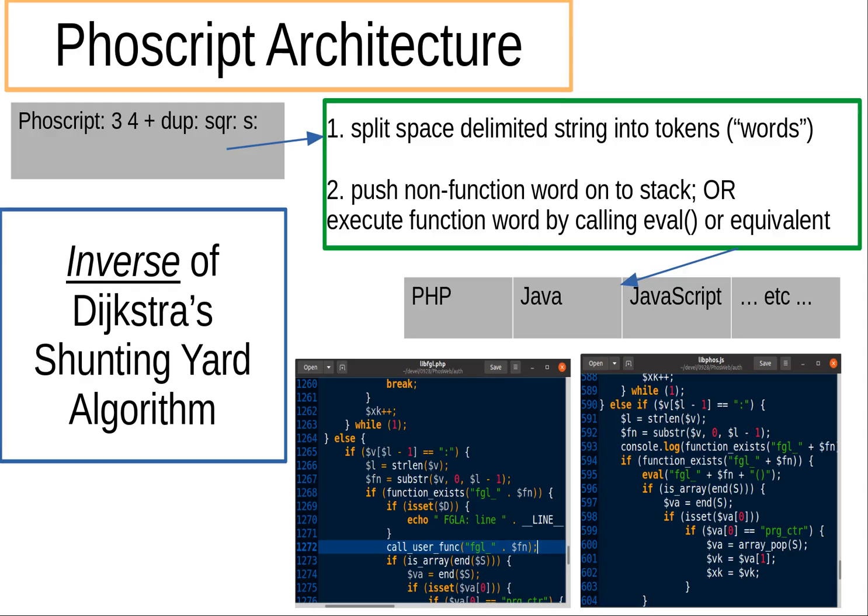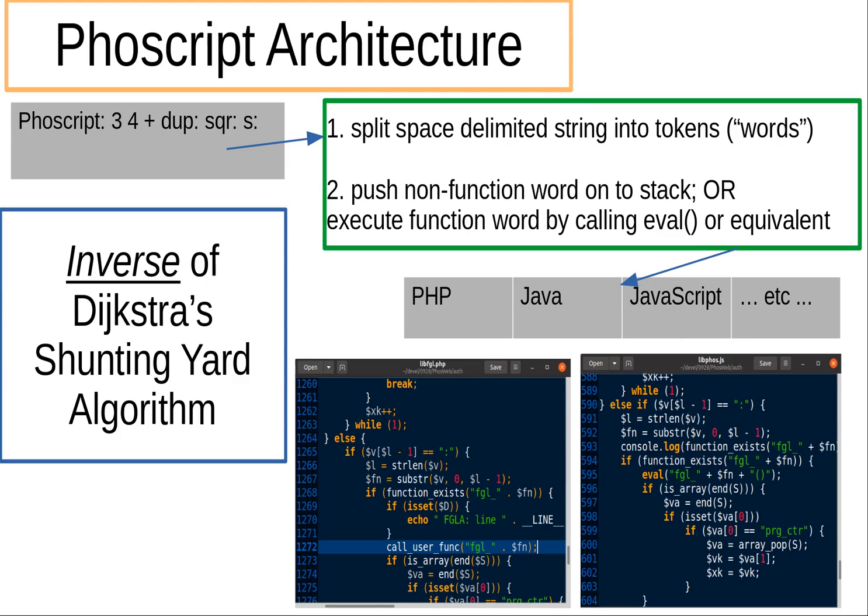As you can see on the bottom of the screen, they are the PHP FoffScript library on the left and JavaScript FoffScript library on the right. They essentially consist of these steps. Firstly, splitting a space-delimited string into tokens or words in Foff terminology.